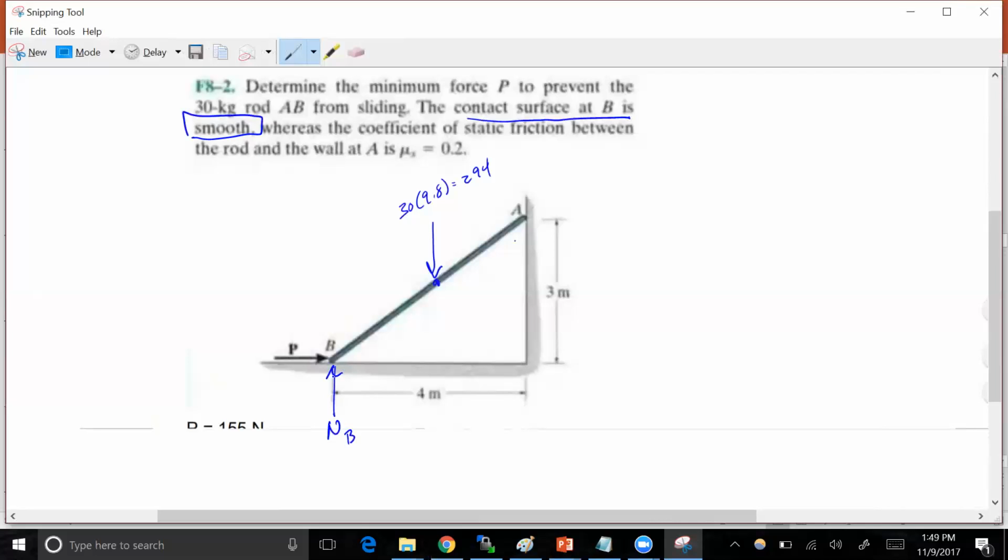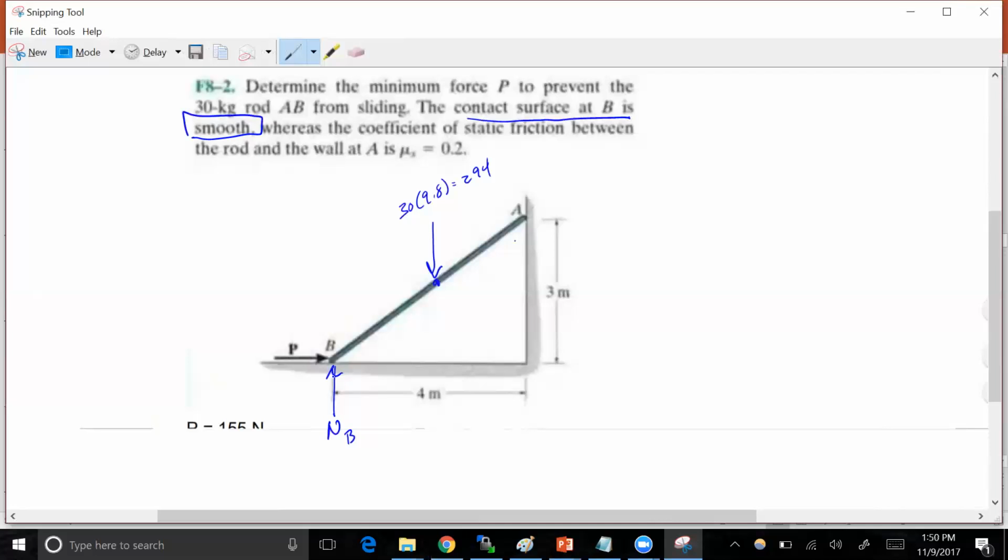All right, Matthew, another force? Okay, going which way? Going up? Yeah, so which way is impending motion? If we're preventing the rod from sliding, what's the direction of impending motion? Well, if the rod's going to slide, we're trying to find the minimum force to prevent it from sliding.